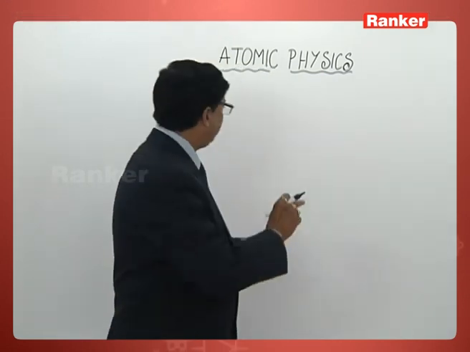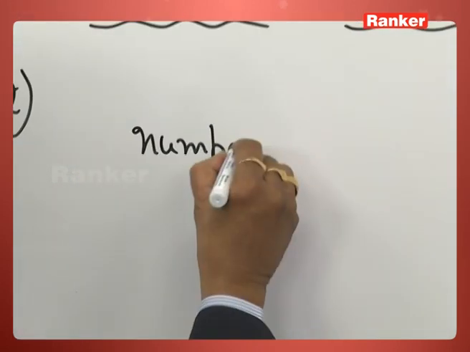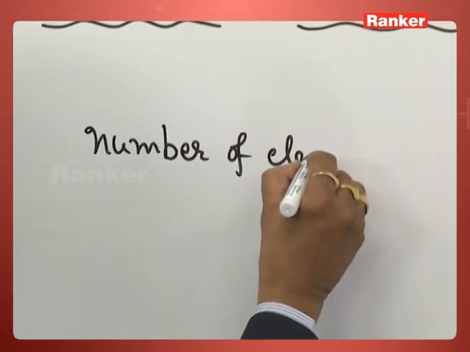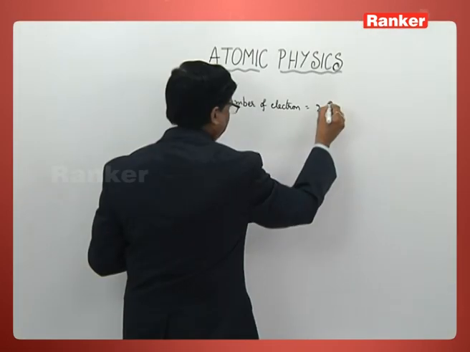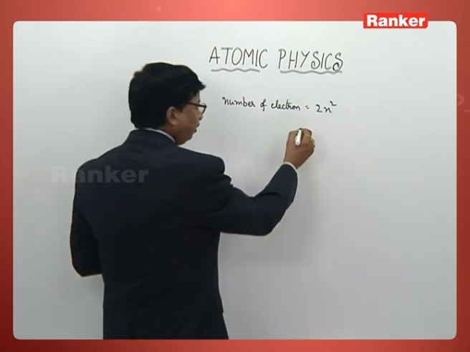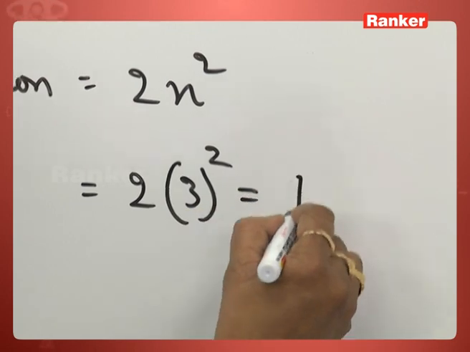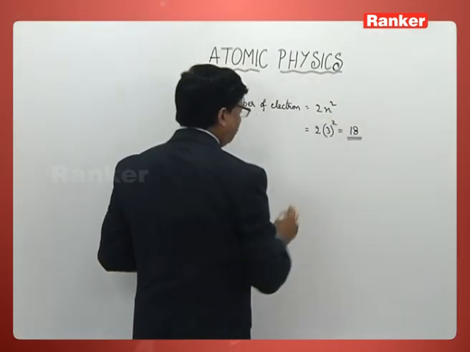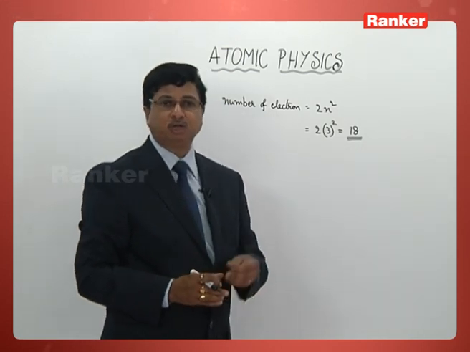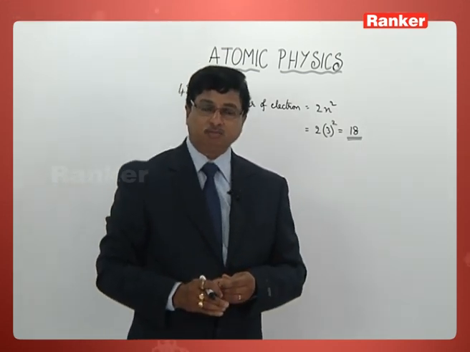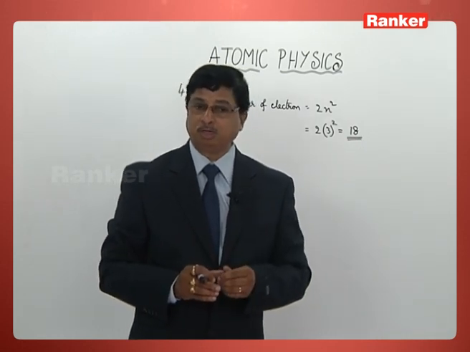So what is the formula for the number of electrons? Number of electrons is equal to 2n square, that's all. So in this particular case, twice 3 square, which now becomes 18. So the problem is not a difficult one. Just to remind you that this has been given in one of the most important examinations, the IIT paper 2000.